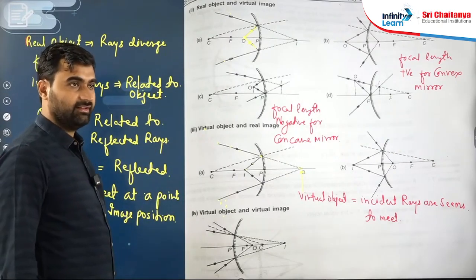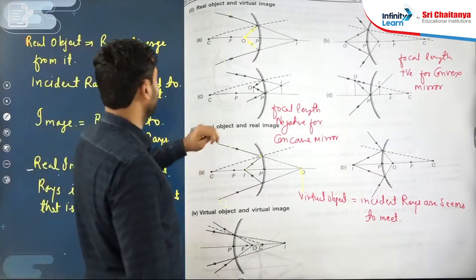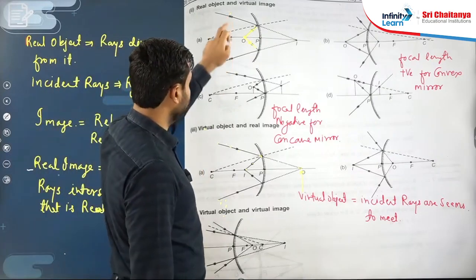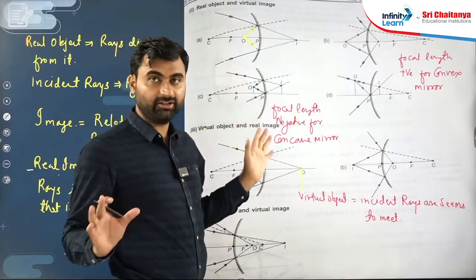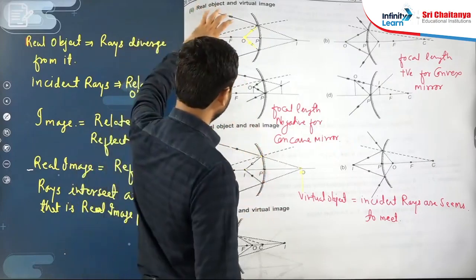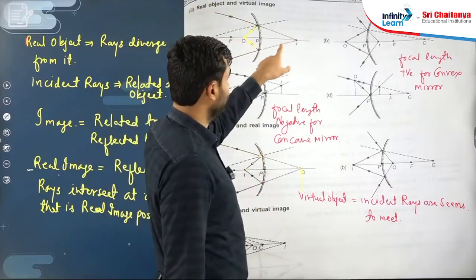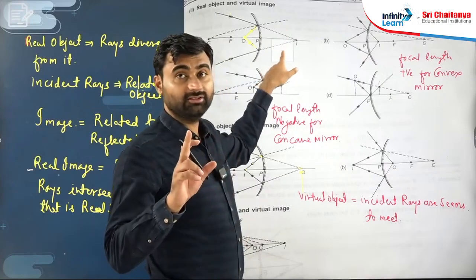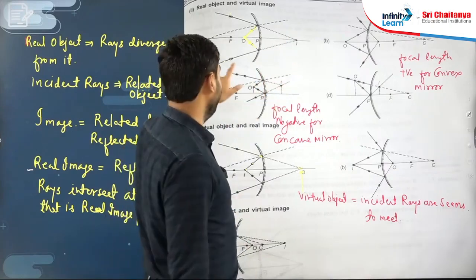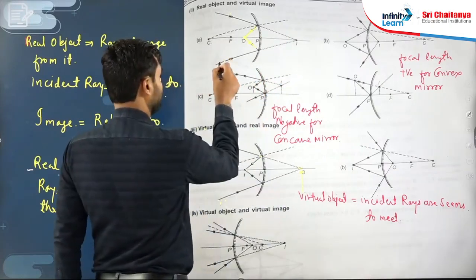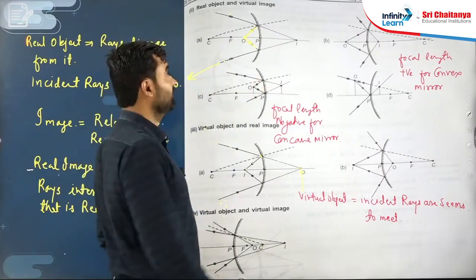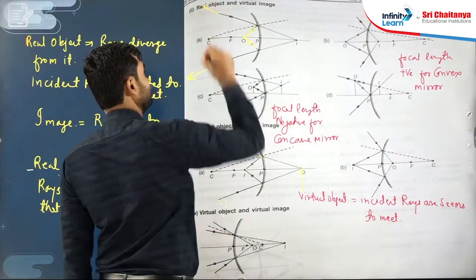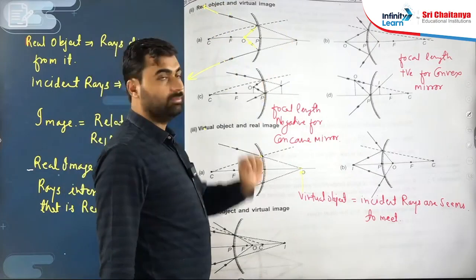Now next is virtual image. Here we can see these are reflected rays. These reflected rays are not intersecting. Now if we extend them back, this is not the actual path of the ray. The actual path is this, but this is not the actual path.